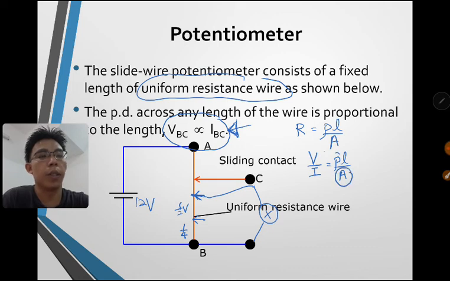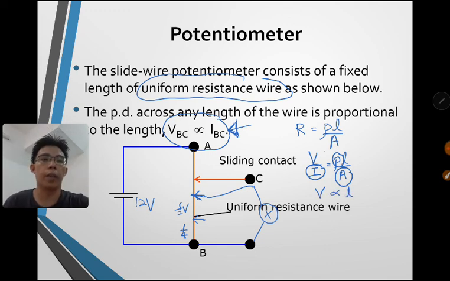The rho, the resistivity, is the same because it's the same wire. Because this wire is in series with the battery, it's the same current across every part of it. Therefore, we can deduce that the PD across any length of the wire is directly proportional to its length.